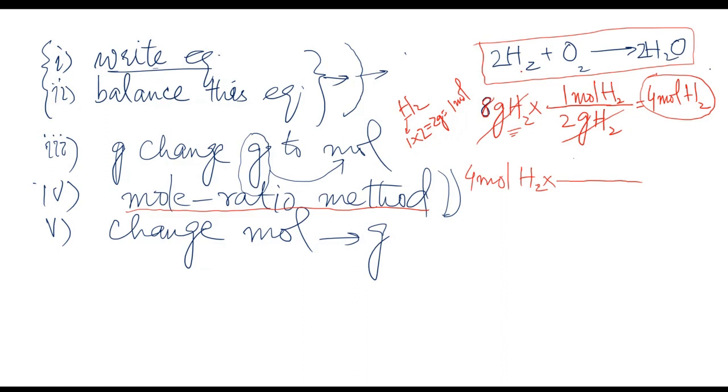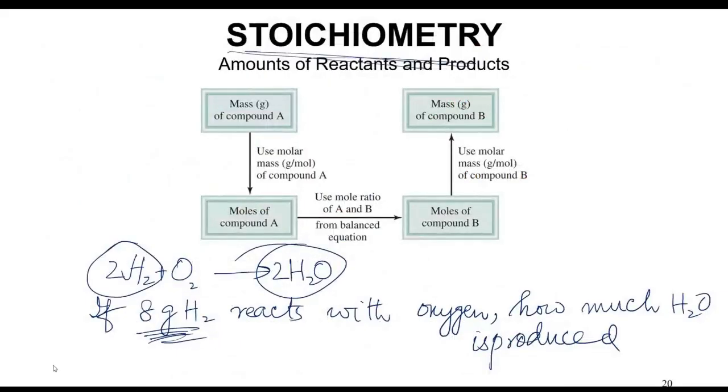What is given? Hydrogen. And what is asked? What you have to calculate? Water. Because it is written, boys, when you see our last slide here, 8 gram of hydrogen reacts with oxygen. How much water? So water is what we have to find.